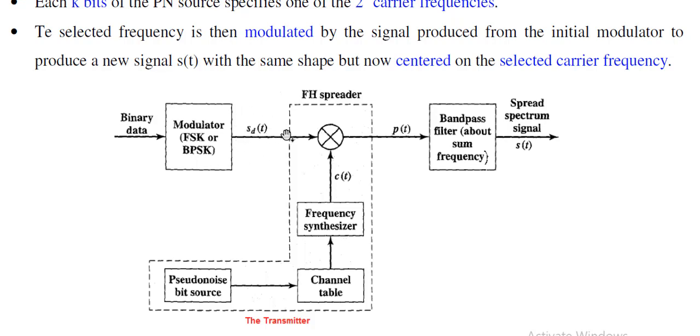Now this one will get shifted to another frequency based on the spread spectrum, which means that we will read the pseudo-random code or pseudo-random generator that will get us a channel or a frequency, and this new frequency will use the old signal with the old frequency to shift it to the newer frequency and newer channel and produce a new signal that is centered on the new carrier frequency, not the old one.